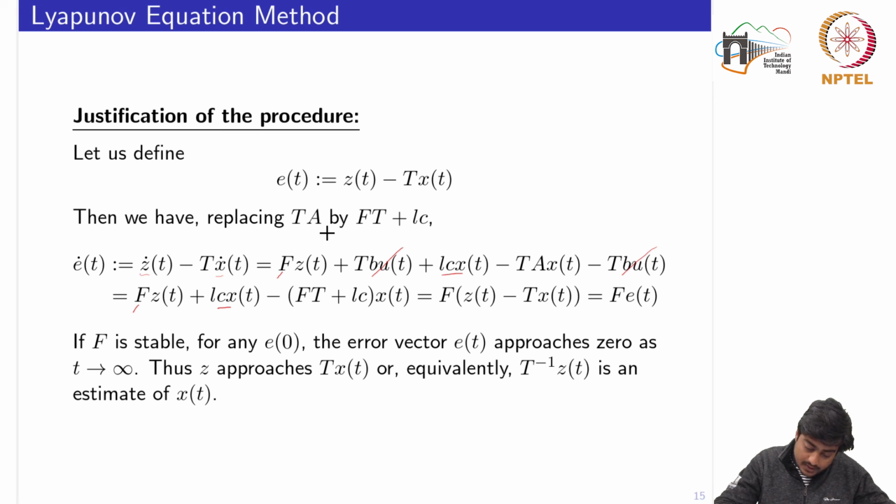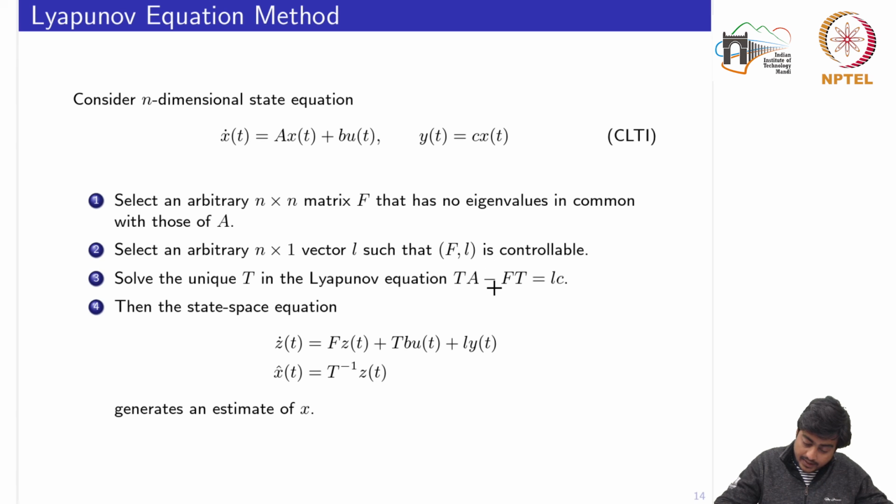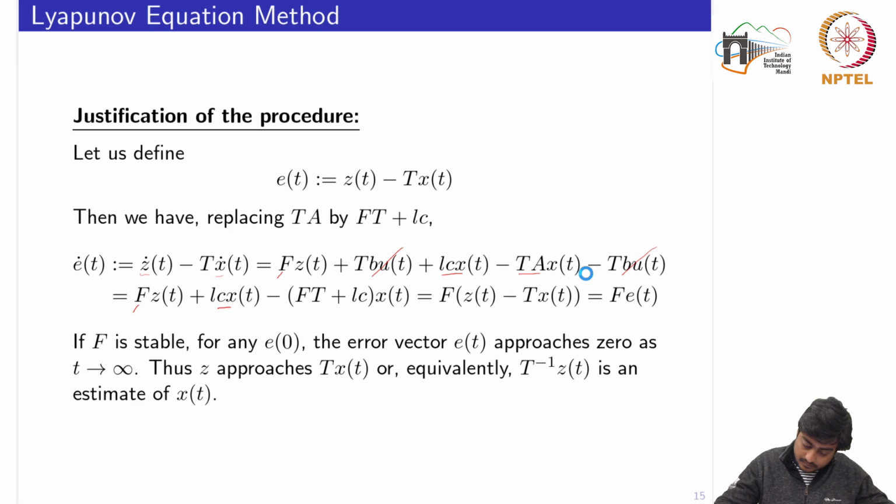Now, by using this Lyapunov equation, we replace this TA part by FT plus LC. Because the Lyapunov equation is TA minus FT equal to LC, this term we got in the error dynamics I am replacing by FT plus LC, times x.